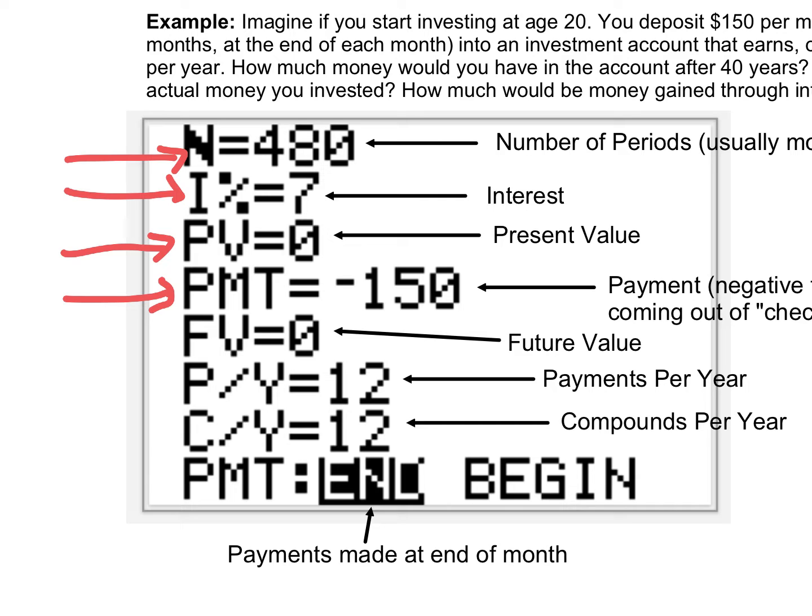Put 480 for your number of periods. If you've gotten lost, we're under apps and you just hit enter because it's the top menu until you see this screen that's got N equals on top. 480. I, what do you think I is? What's the interest rate? 7%.